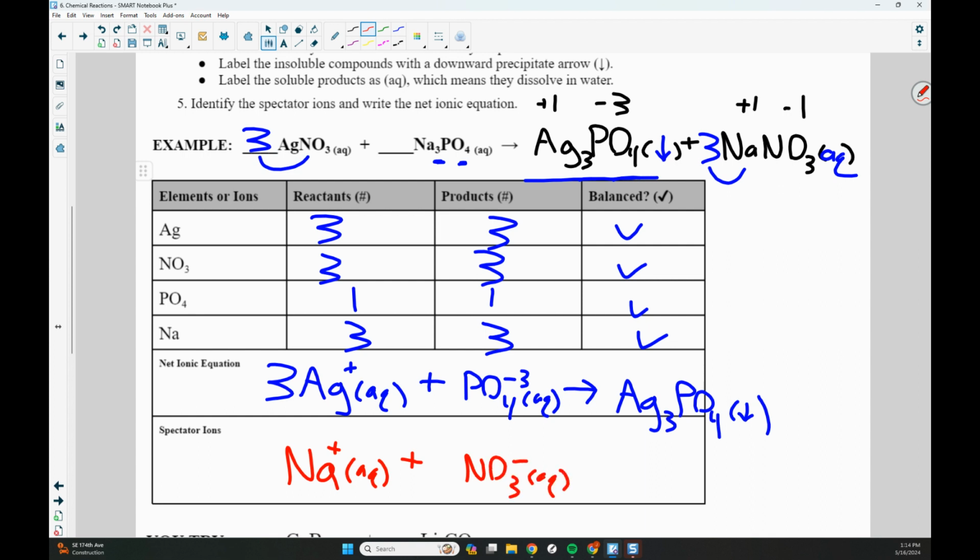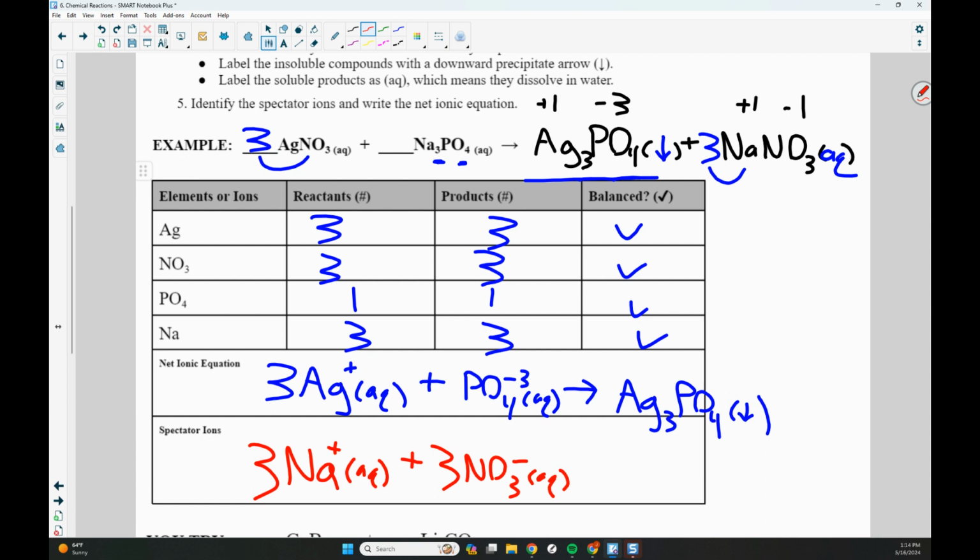And those are both aqueous. They start aqueous and they stay aqueous. And that's all you write for the spectator ions. Oh, and we do need to put the ratio in there. So we've got 3 sodiums for every 3 nitrates. Now, in this case, you could put 3 to 3 like I did up here, or you could just say 1 to 1 because those are technically the same ratio. 3 to 3 is the same as 1 to 1. All right.